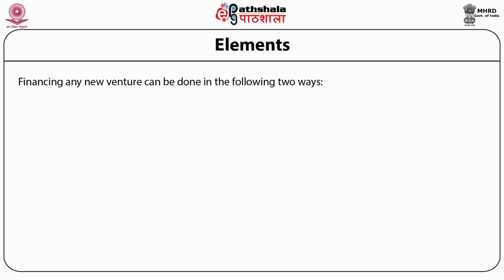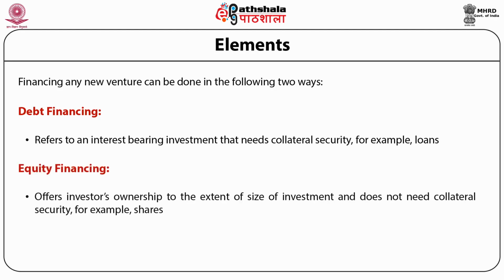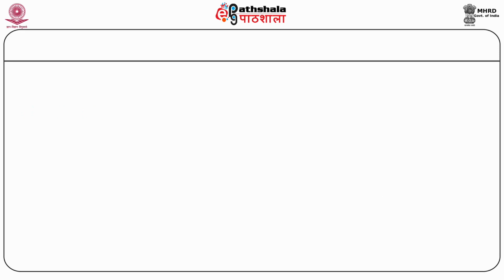Financing any new venture can be done in the following two ways, that is, debt financing and equity financing. Debt financing refers to an interest-bearing investment that needs collateral security, for example, loans. Equity financing offers investors ownership to the extent of the size of investment and doesn't need collateral security, for example, shares.